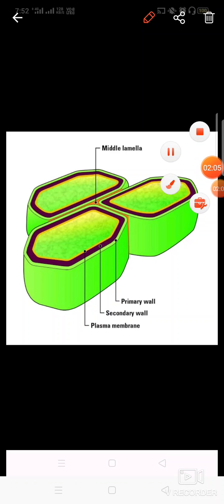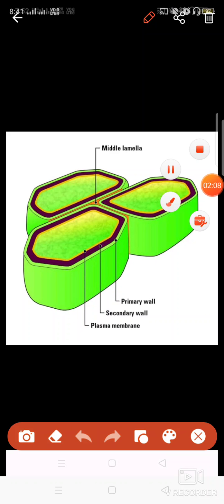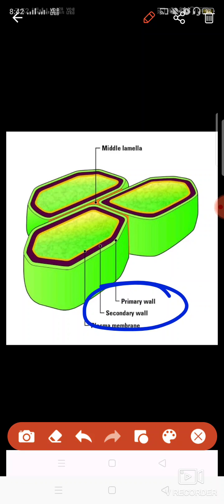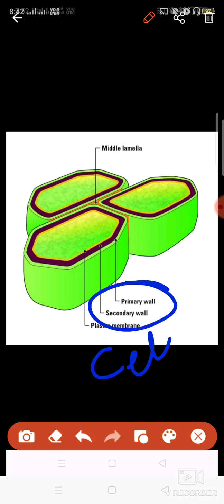Before I start with the cell wall, let's see the different layers present in the cell wall. If you see this, this is a cell, and other than the plasma membrane, which is the innermost layer, you will find two more walls present. So your cell wall is made up of these primary and secondary walls.